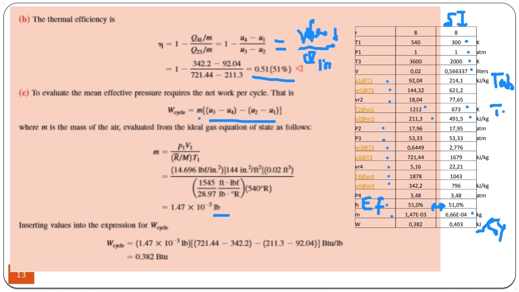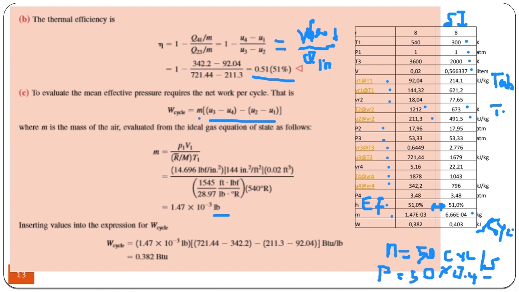So if the engine is running at so many cycles per second, then you can calculate the power of the engine. So if you have, let's say, N equal to 50 cycles per second, just as an example, then you can calculate the power of this engine as 50 times 0.4, which is 20 kilowatts.